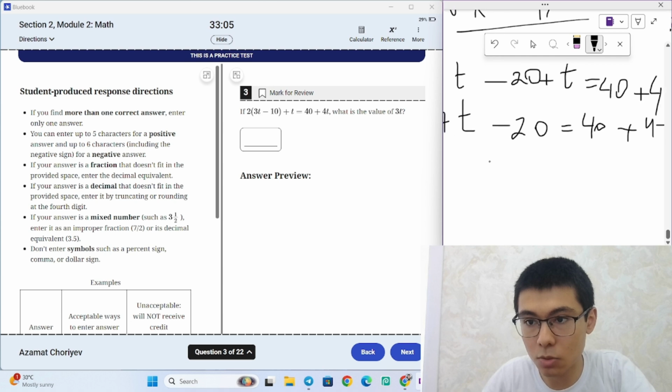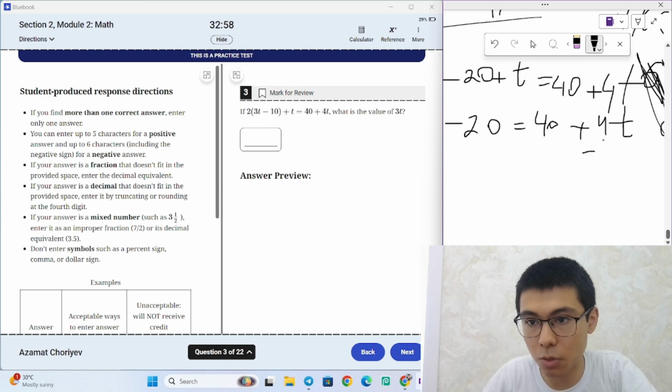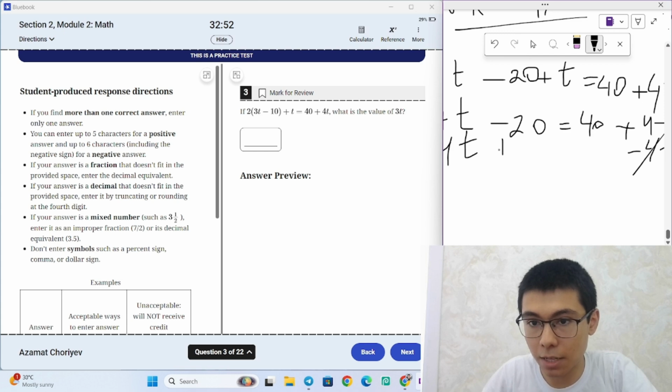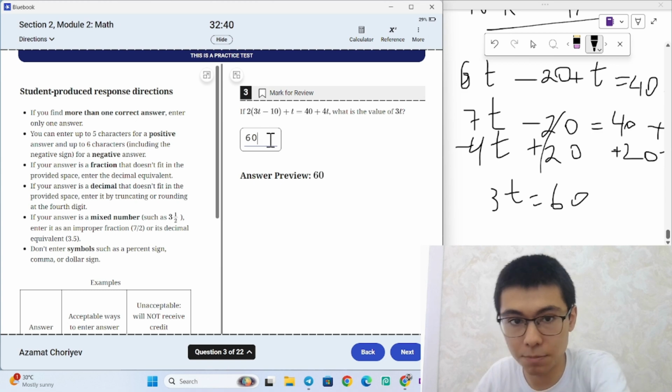Then I'm gonna subtract 4t from both sides, and then add 20 to both sides. So 3t equals 60.